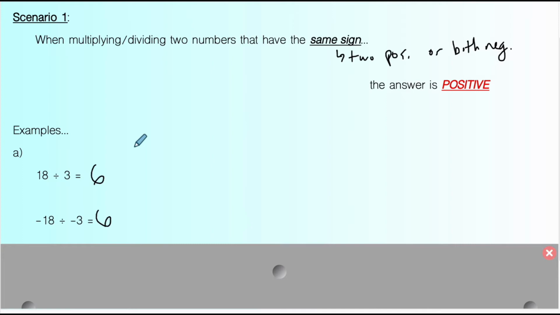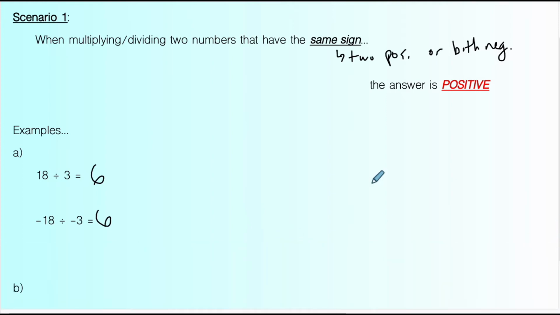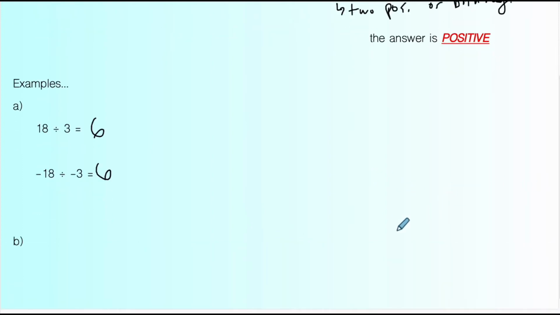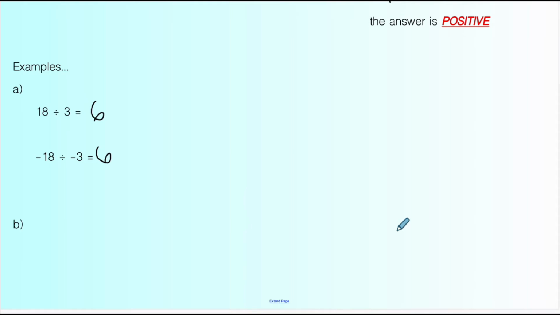So rule number 1, if both numbers are positive or if both numbers are negative, your answer is going to be positive. One more example. Why not do something with fractions? Let's do negative 1/3, and we'll multiply that by negative 2 3/4.